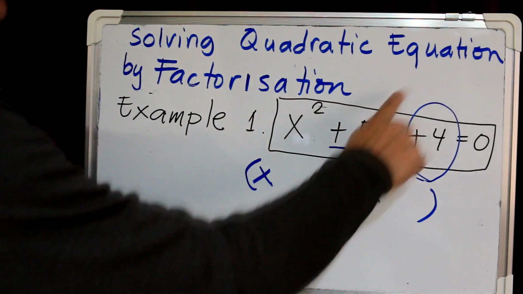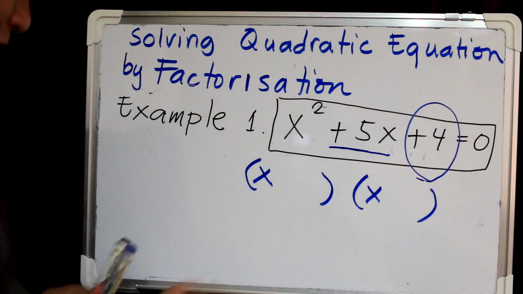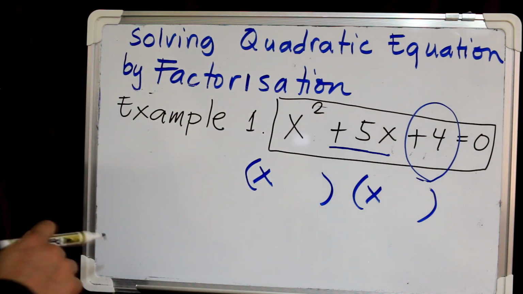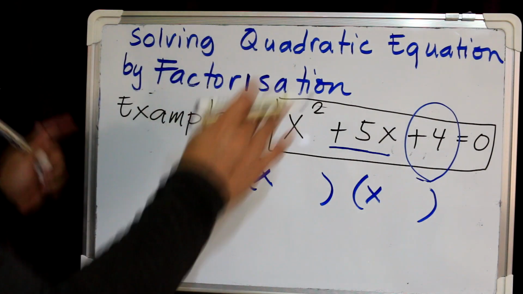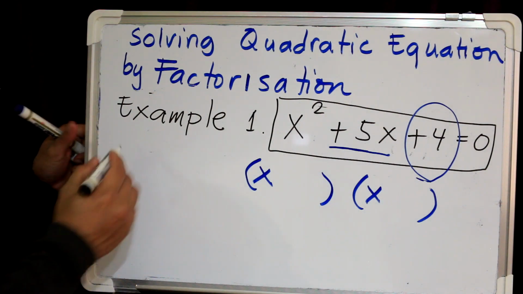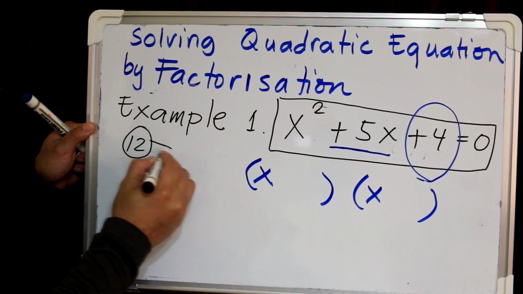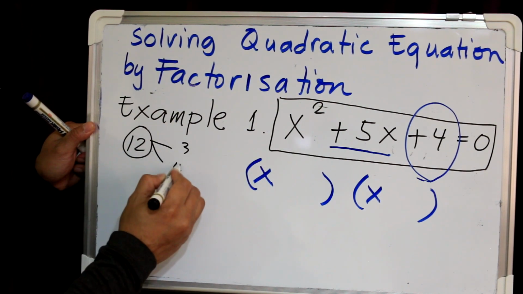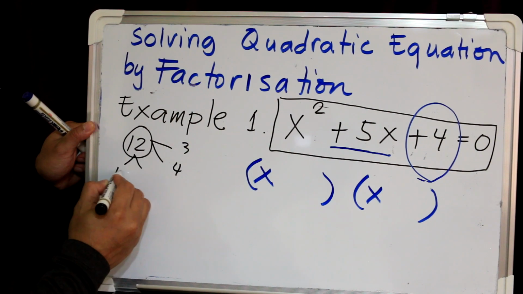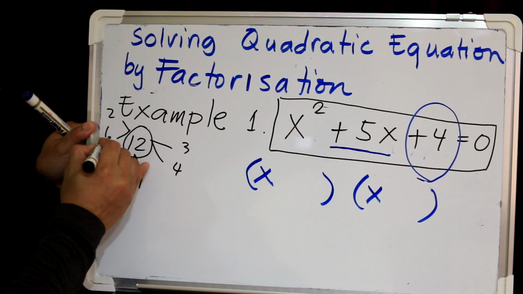Now I said you have to focus on the number here and this one. So if we're going to factorize a quadratic equation similar to factorizing usual numbers, so let's say, what are the factors of 12? So if you have 12, there are 3 and 4, 12 and 1, 2 and 6, right?